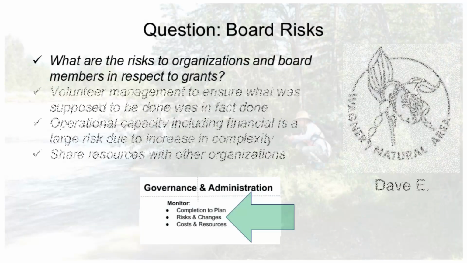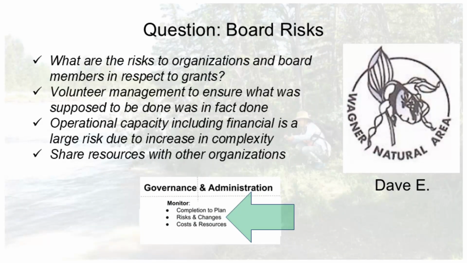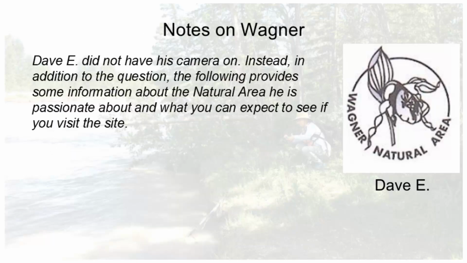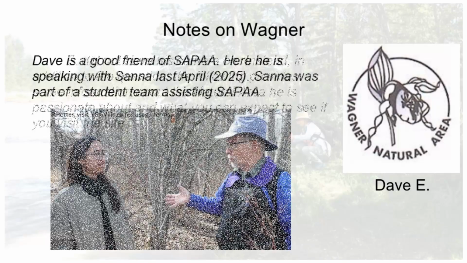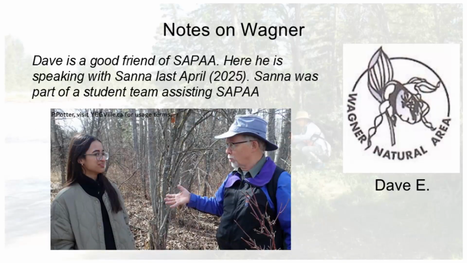Dave here, looking at the sorts of things that I run into, quite often we end up having to try and track down who was responsible for what. Dealing with volunteers, quite often people just have to trust that they've gone ahead and done what they were able to do and what you tasked them to do, and then when you come back to take a look, you realize, oh, that's not been accomplished.